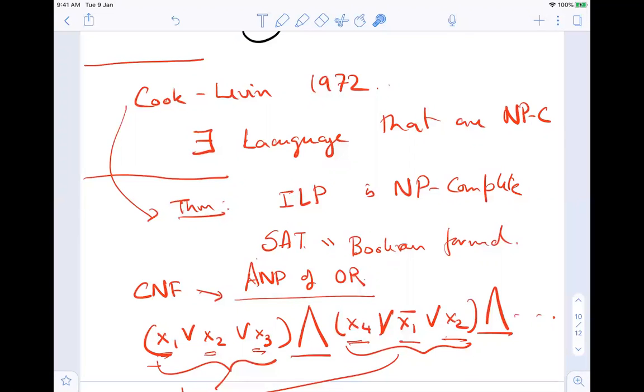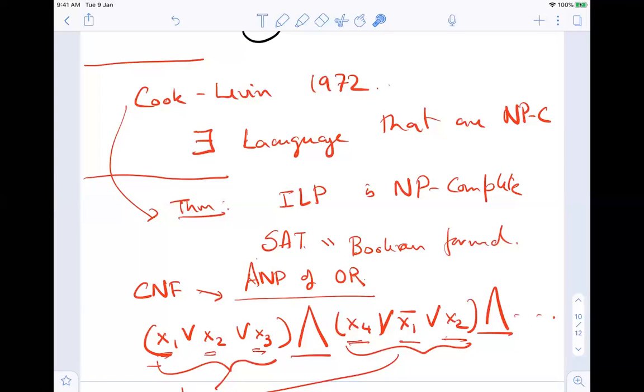Right? ILP also has a similar flavor. You're trying to maximize or minimize something, but it's not even clear whether any assignment of the variables will satisfy the constraint, the Ax is less than or equal to b kind of structure, right?